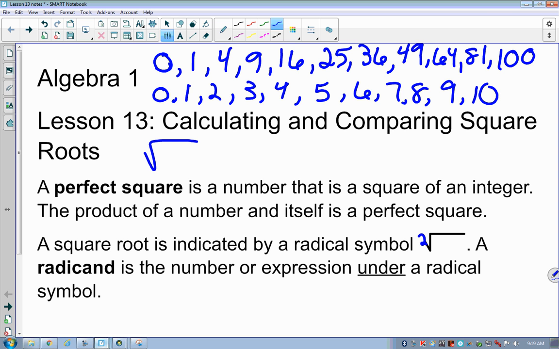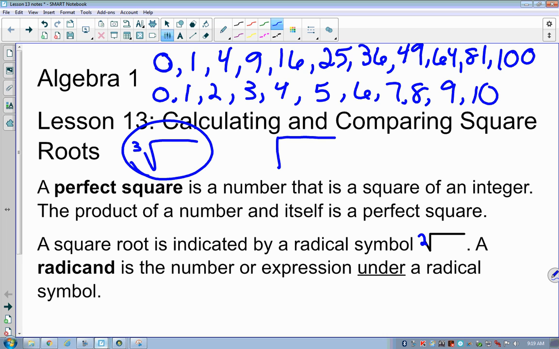Notice that it's different than a division bar. When we talk about division, we just see that, correct? This has a little curly doodad at the front end of it. And it's not always a square root. If I put a 3 in there, now it's a cube root.